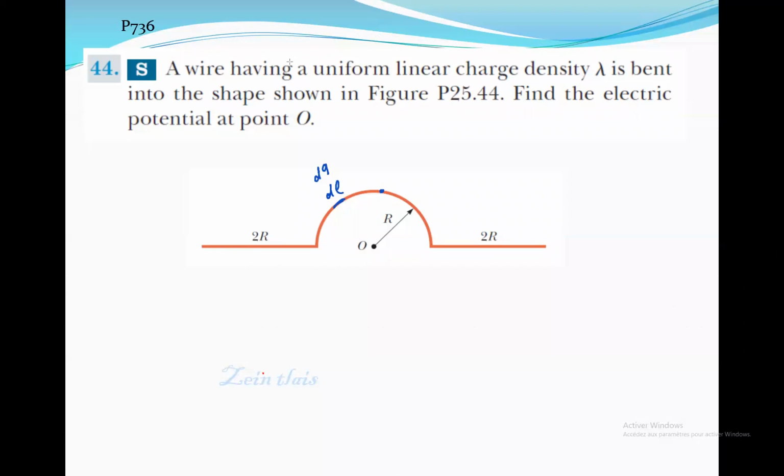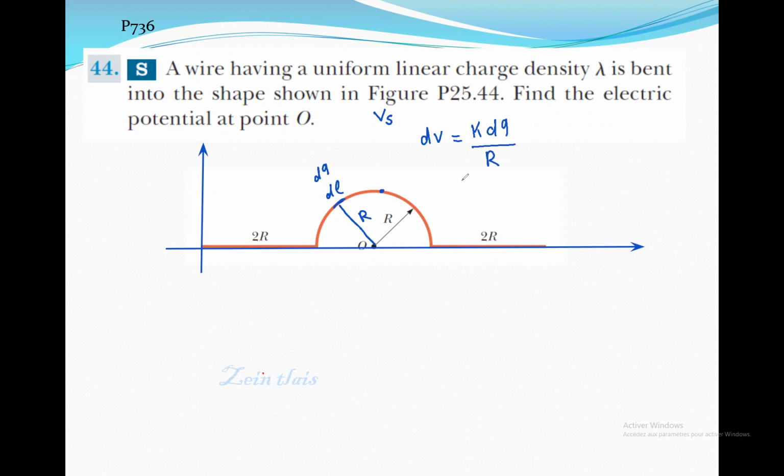Anyway, let me continue the solution. We have the x-axis, we have dl. This one is located at a distance r, so dV, I want to calculate V created by the semicircle. dV equals k dq divided by the distance.